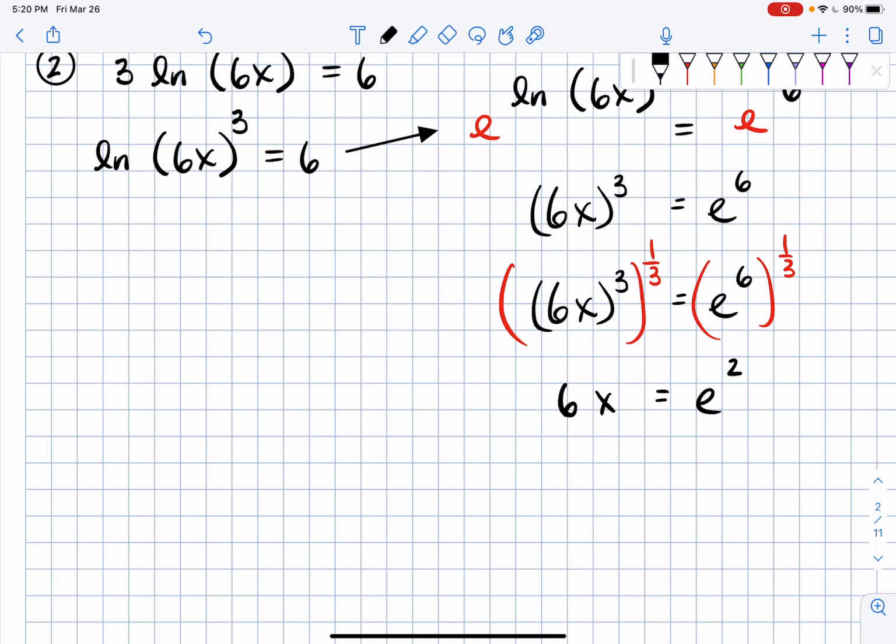So 6 times 1/3 is actually equal to 2. So now x is equal to e squared divided by 6, which, ladies and gentlemen, is choice C.